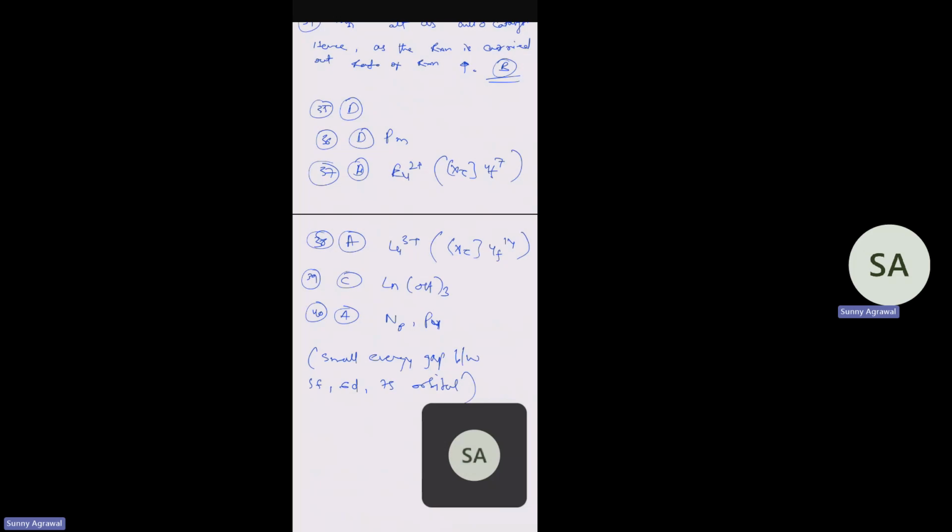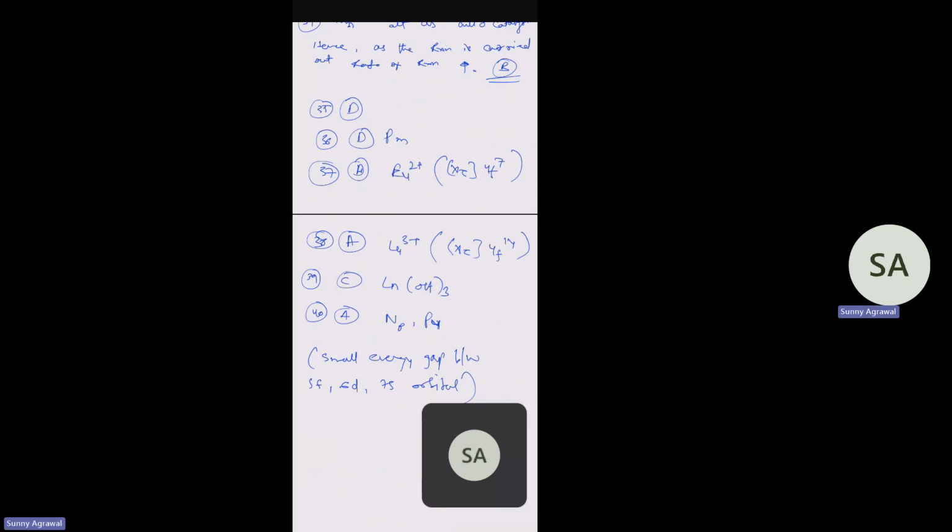Question number 39. Which type of hydroxide is generally formed by lanthanoids? Lanthanoids generally show +3 oxidation state, so it will form Ln(OH)3. That is option A.